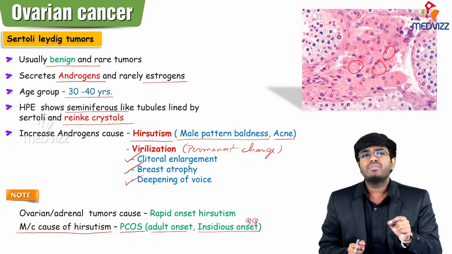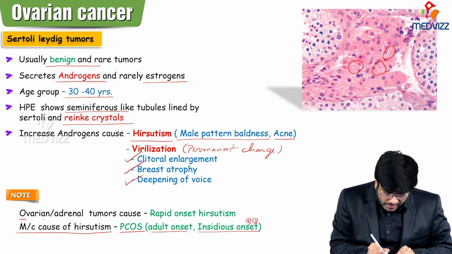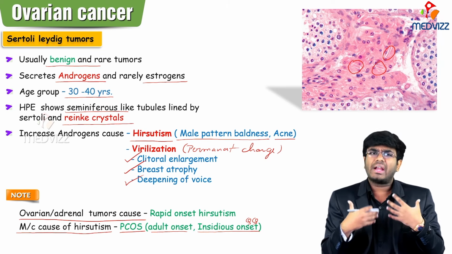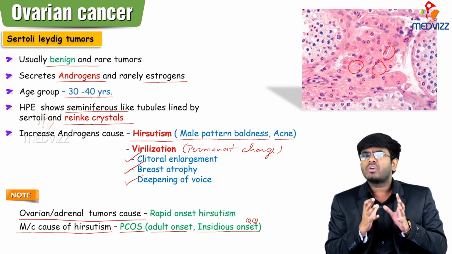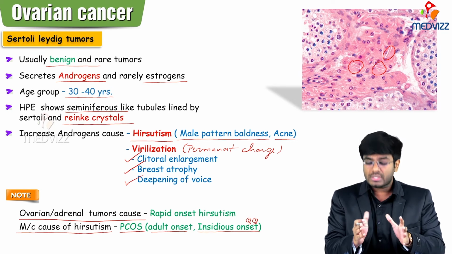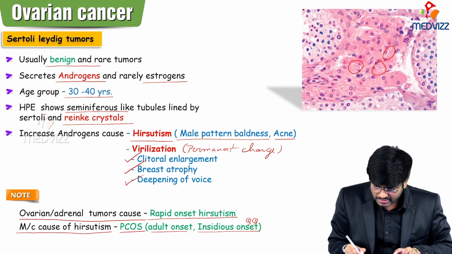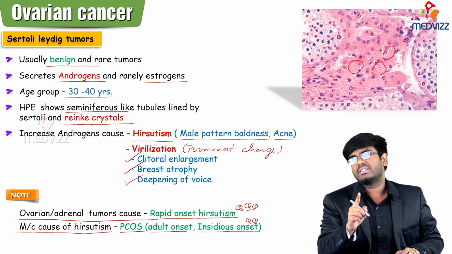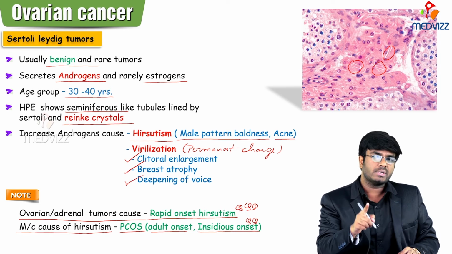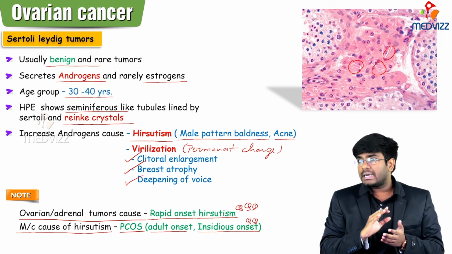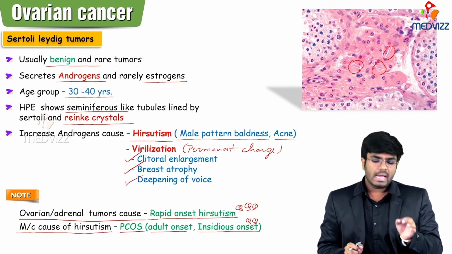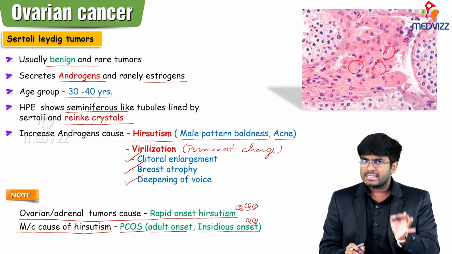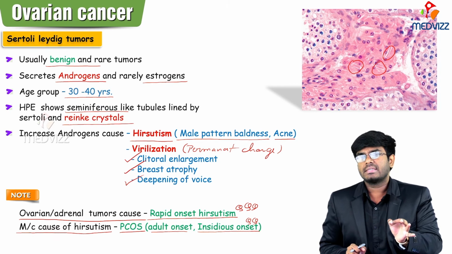But if a female has an ovarian tumor or adrenal tumor, these tumors are pouring lots and lots of androgens at a time, which can cause rapid onset hirsutism. So the important point to note is that rapid onset hirsutism is seen with ovarian or adrenal tumors. Insidious, adult onset is seen with PCOS, and PCOS, I am again repeating, is the most common cause of hirsutism. Reinke crystals: Sertoli-Leydig cell tumor.